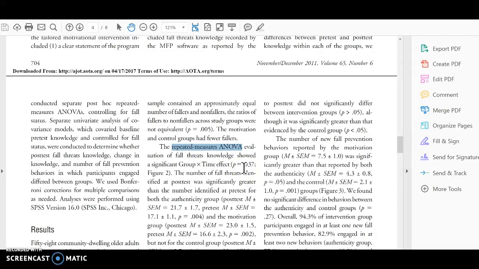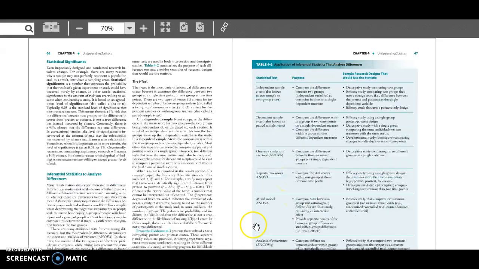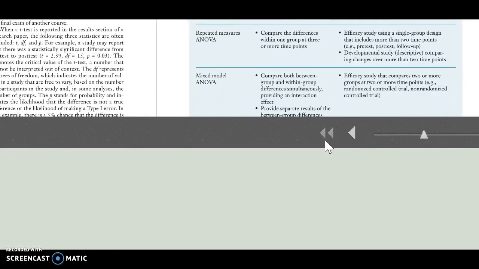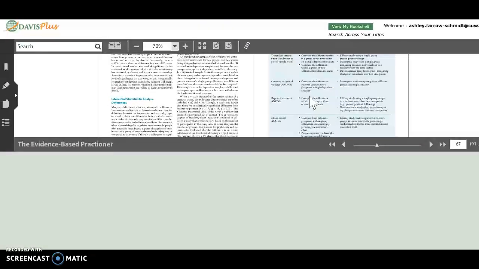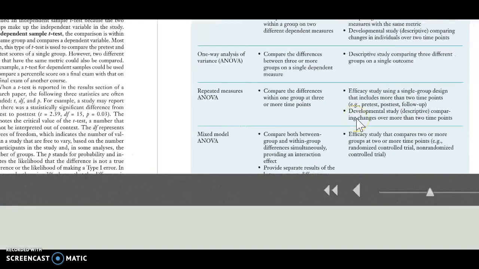Okay, let's talk about that for a minute. What is a repeated measures ANOVA? Well, from our book, we can see on page 66 of chapter 4, if I zoom in a little bit here, our book talks about repeated measure ANOVAs.